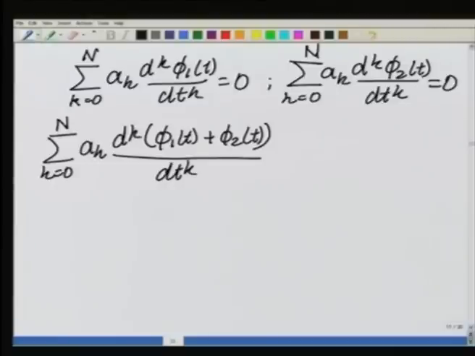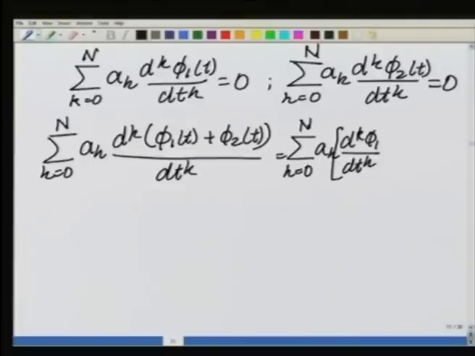What is this equal to? This is equal to the summation. This is what it is.